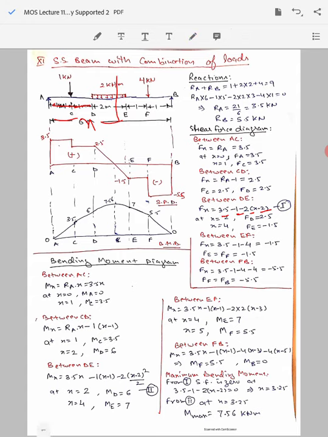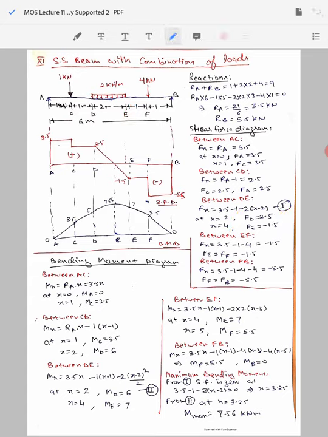Now this equation is dependent on X, so if we evaluate it for X equal to 2, it is going to give you 2.5 as shear force value, which is the shear force at point D, on the left segment of this span. And if you substitute X equal to 4 for the point E from the left hand side distance, it gives you FE equal to minus 1.5, or shear force at point E equal to minus 1.5.